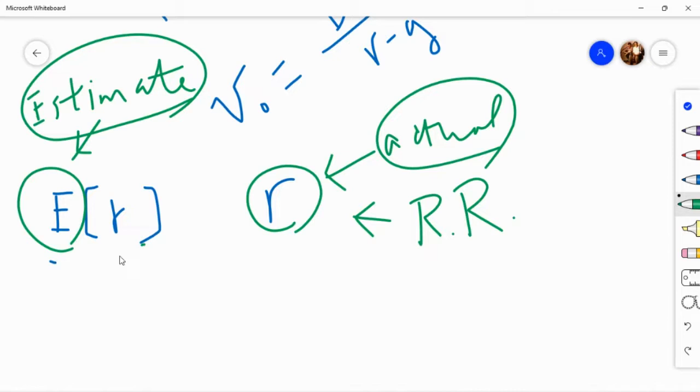For example, semiconductors, microchips. They need to produce 10 million automobiles this year, and all these automobiles must have microchips in them. Microchips are in short supply because of supply chain disruption.